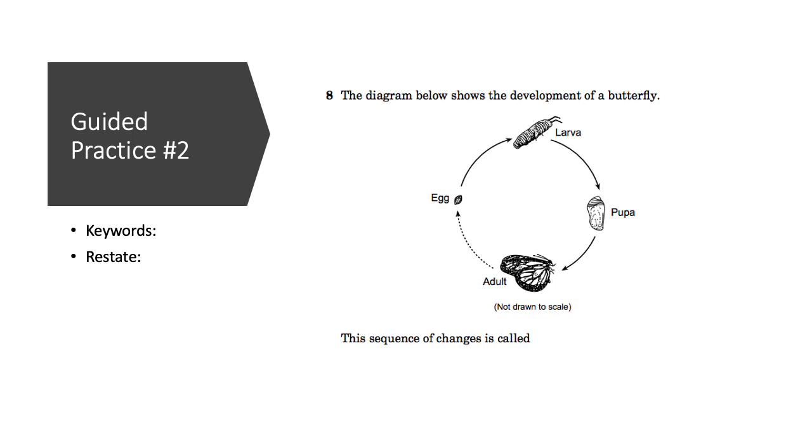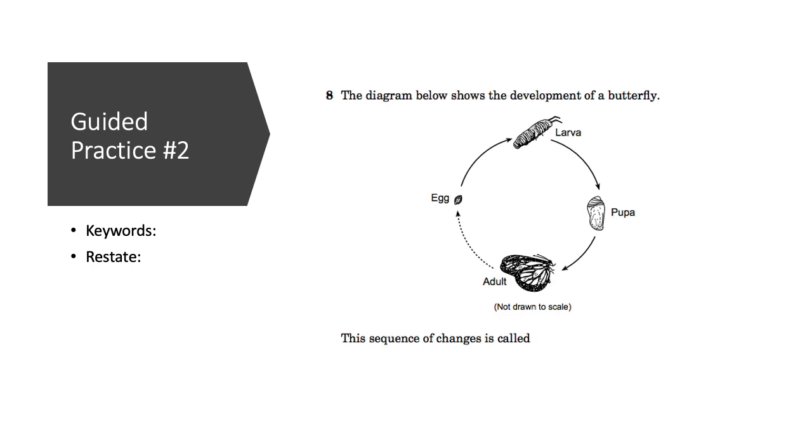Here is your second guided practice question. I'm going to read you the question. Then you are going to pause the video. Write down the keywords and the restated question in your notebook. When you're done, unpause the video to find out the answer.